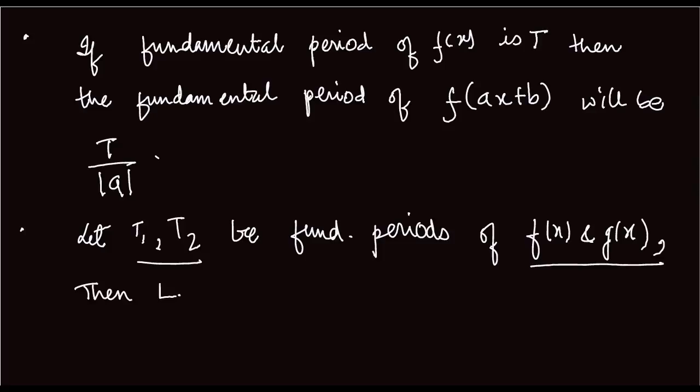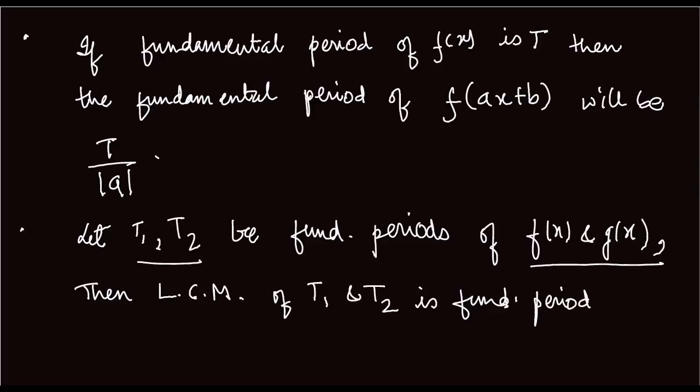Then the LCM, that is least common multiple, of T1 and T2 is the fundamental period for which function? C1, let's say any constant C1, f of x plus C2, another constant, g of x.